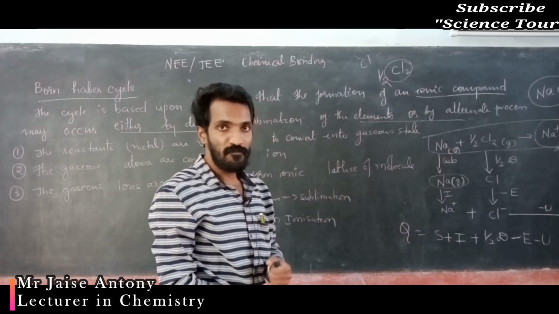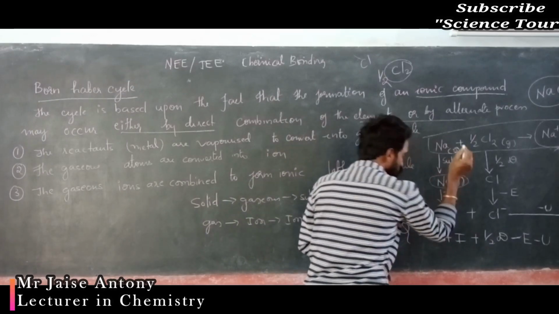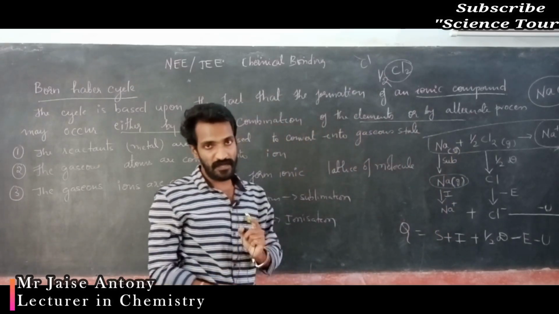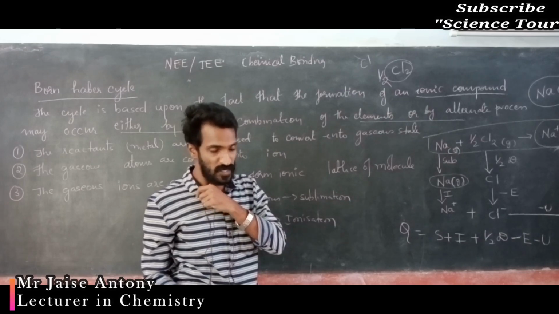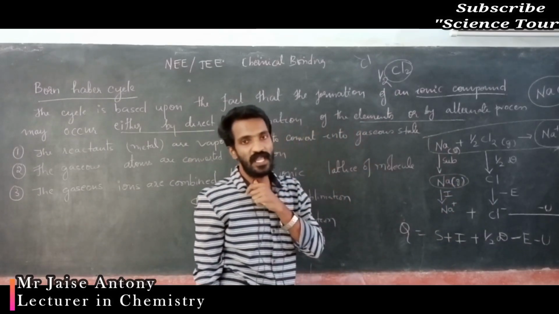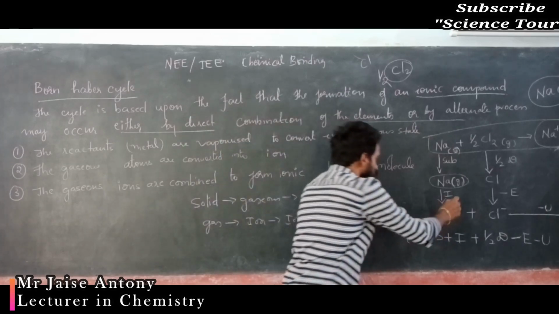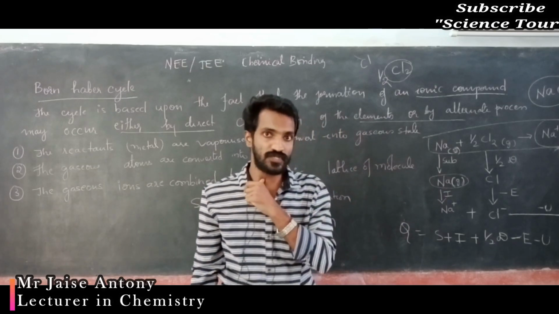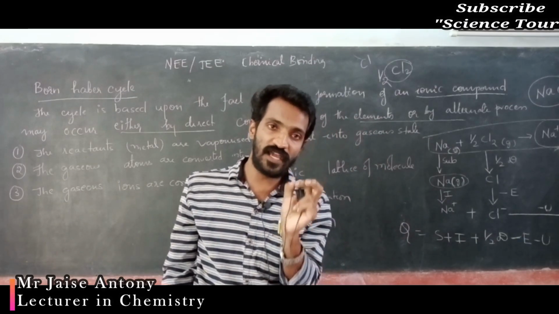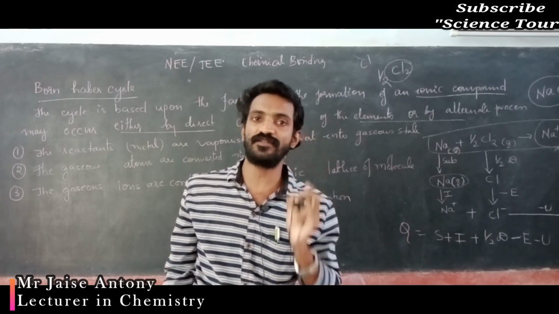How can we do that? By removing one electron from this sodium. By removing one electron from sodium, gaseous sodium gets converted into Na plus. So this process is called the ionization process. Removal of an electron from a neutral gaseous atom is called ionization.